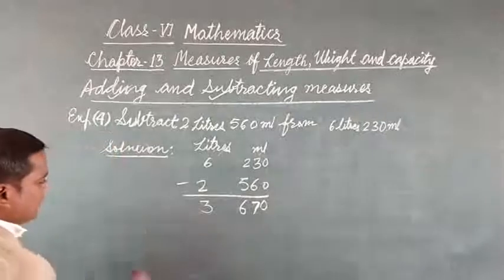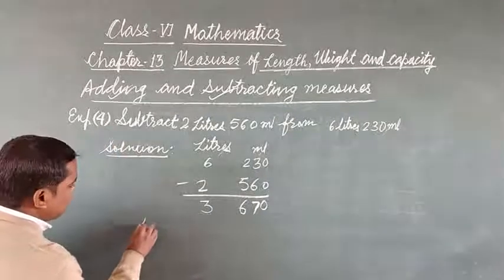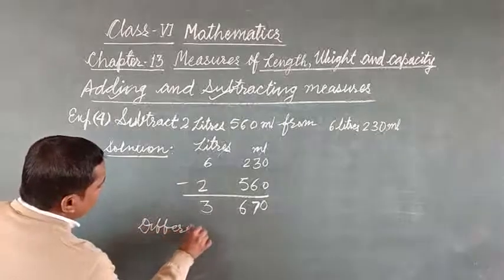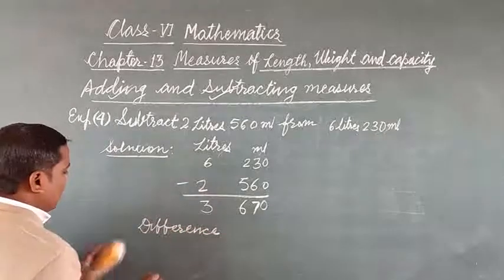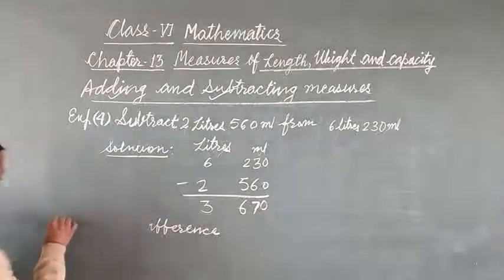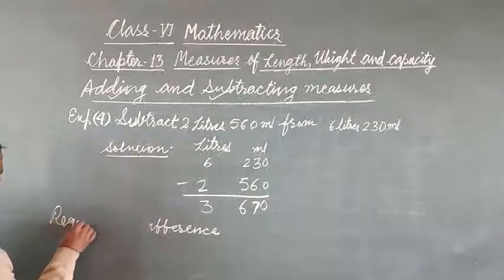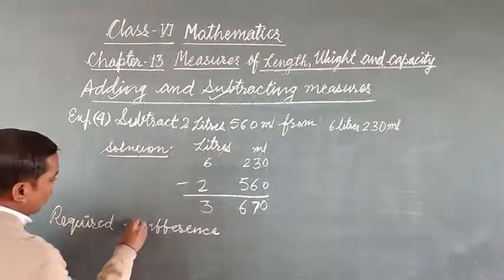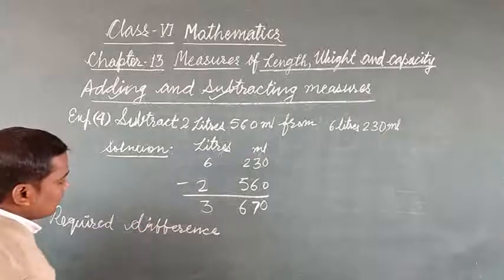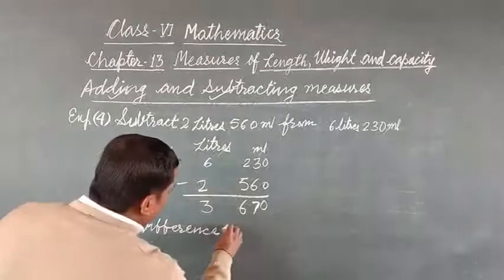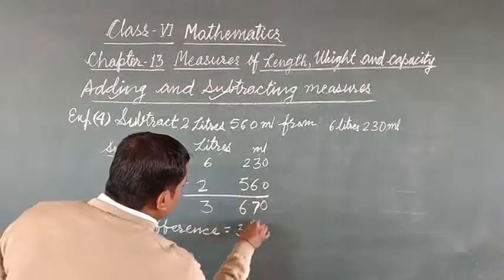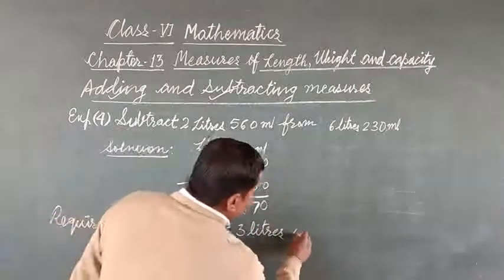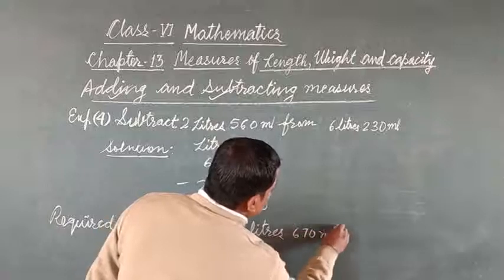So we will get the difference of 3 liters 670 milliliter. So we write the required difference is equal to 3 liters 670 milliliters.